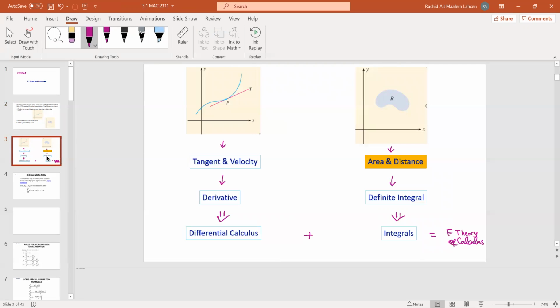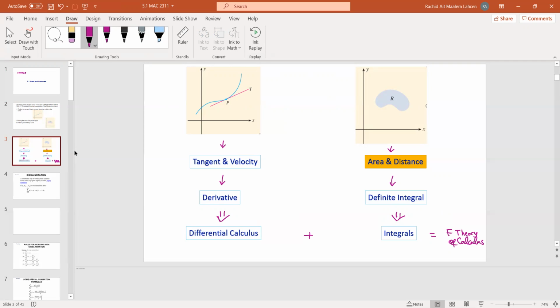These two charts really show you the split of the course or of this subject. It's two parts. The two parts are linked. And you see now these antiderivatives, anti-differentiation, is the step.